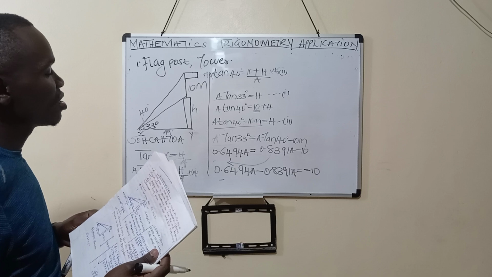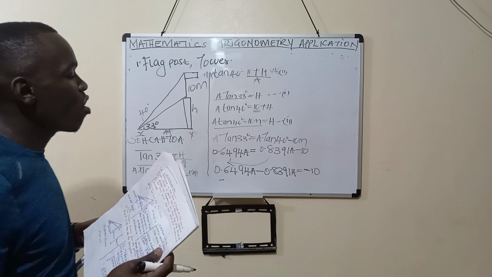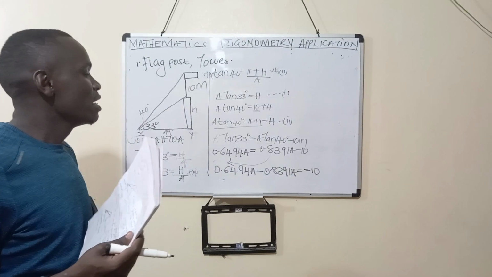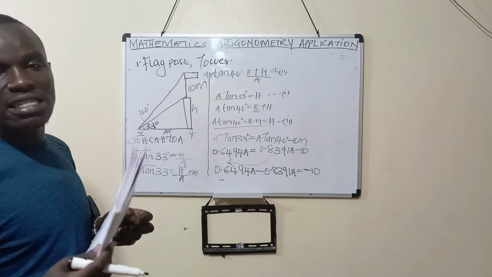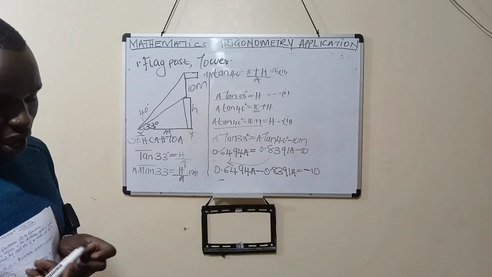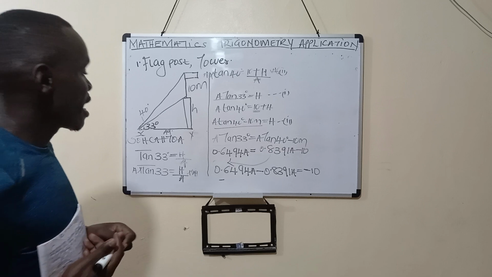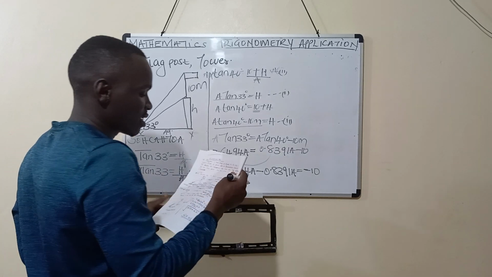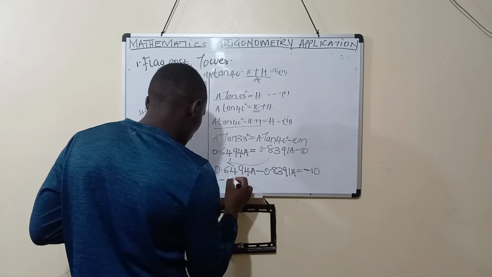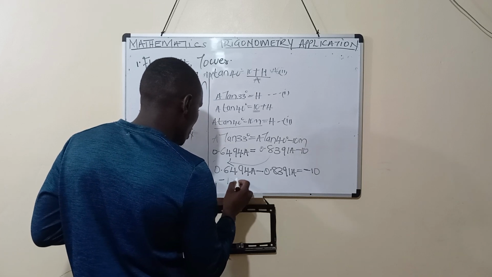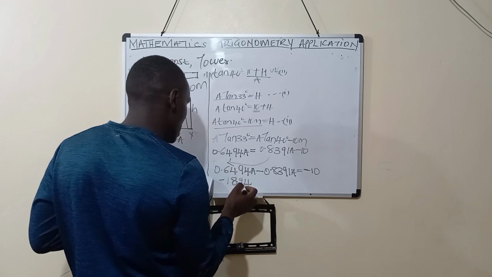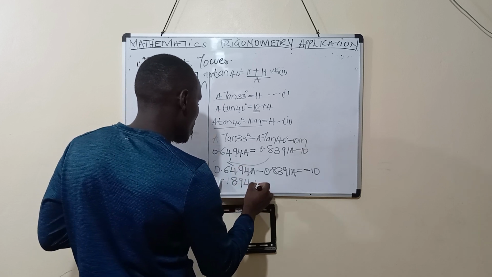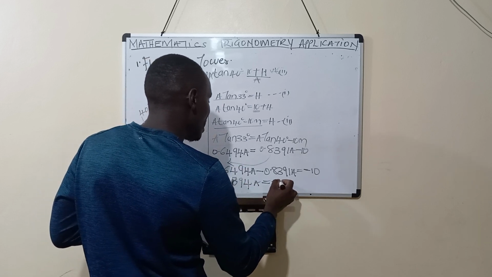Remember, 0.6494 is less than 0.8391. So the value on the left side is going to be negative: negative 0.1897A should be equal to negative 10.